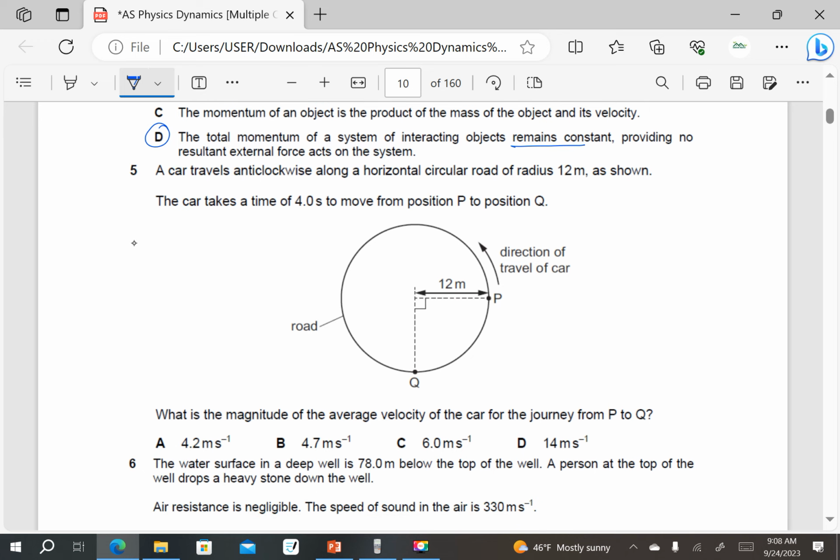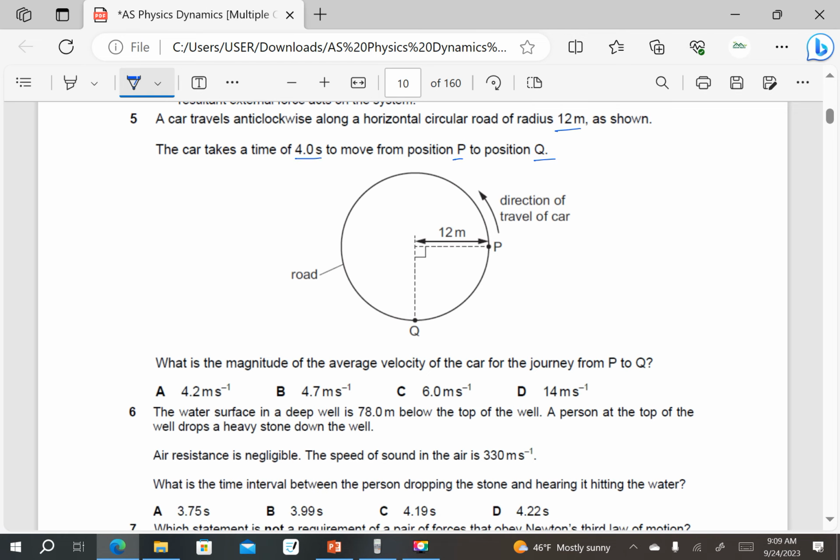A car travels anti-clockwise along the horizontal circular road of radius 12 meters as shown. The car takes a time of 4.0 seconds to move from position P to position Q. So it is moving anti-clockwise. What is the magnitude of the average velocity of the car for the journey from P to Q?